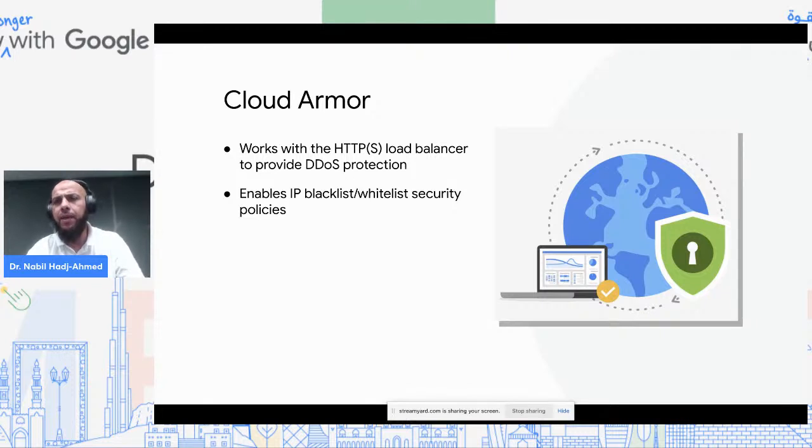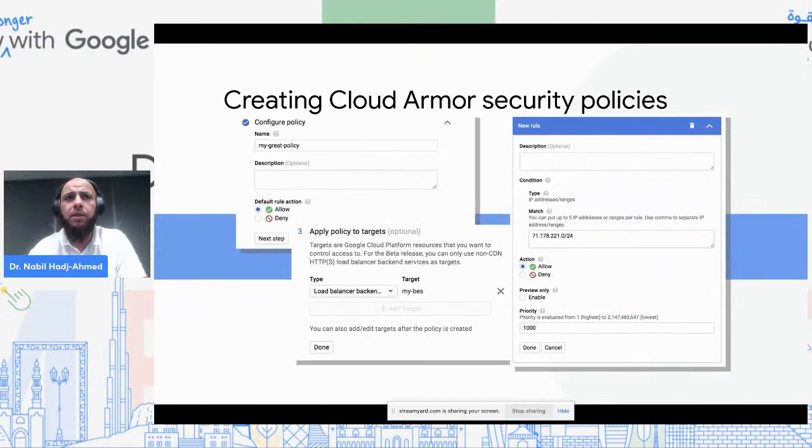You can blacklist, you can whitelist, depending on your requirements, where traffic is coming from, different layers of customization. So complete control, granularity into what I want to configure, what traffic is allowed to come in and what is not allowed.